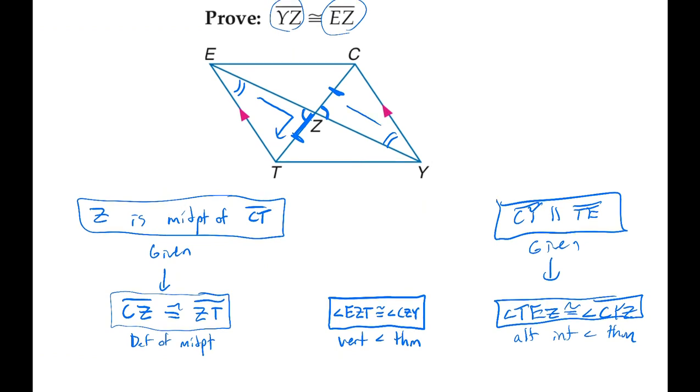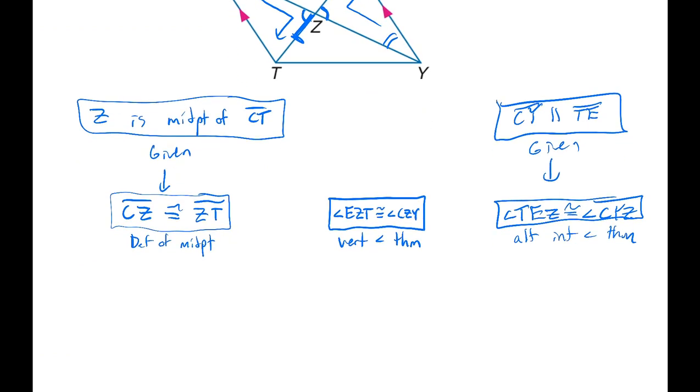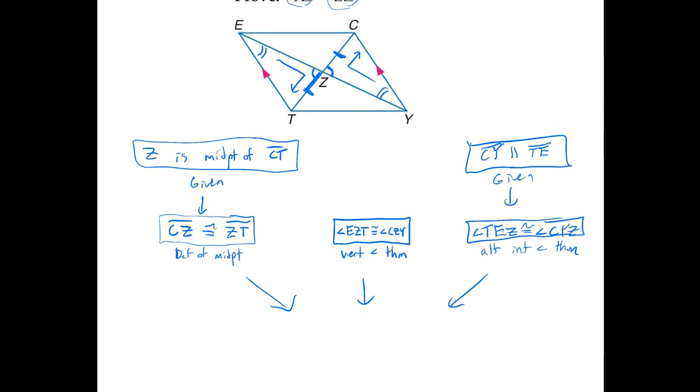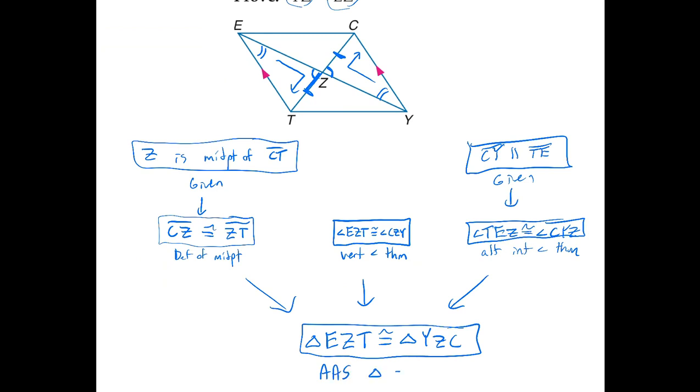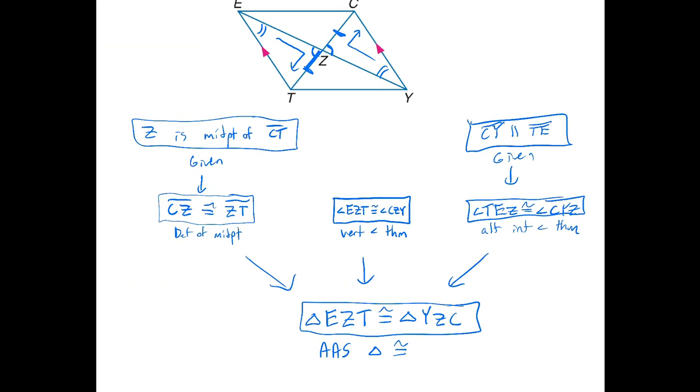That's going to be my order. So that's E to Z to T, and that's congruent to triangle Y to Z to C. And that was by two angles and the non-included side, so AAS works, okay?